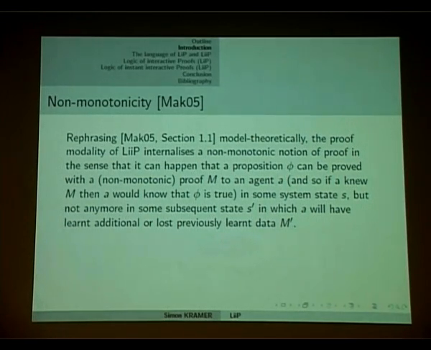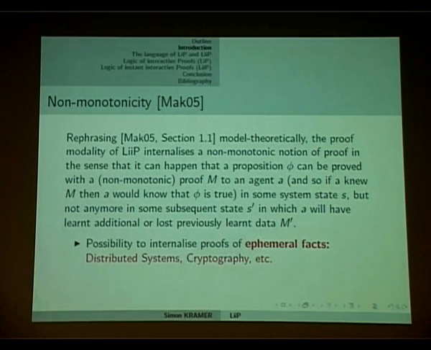And if I lose data which I previously had and which contributed to the understanding of my proof, so to say, that will also lead to M not being a proof anymore. Of course, in distributed systems, this happens all the time. We receive new data all the time, and we might also lose data. So non-monotonicity is really a big issue in distributed systems.